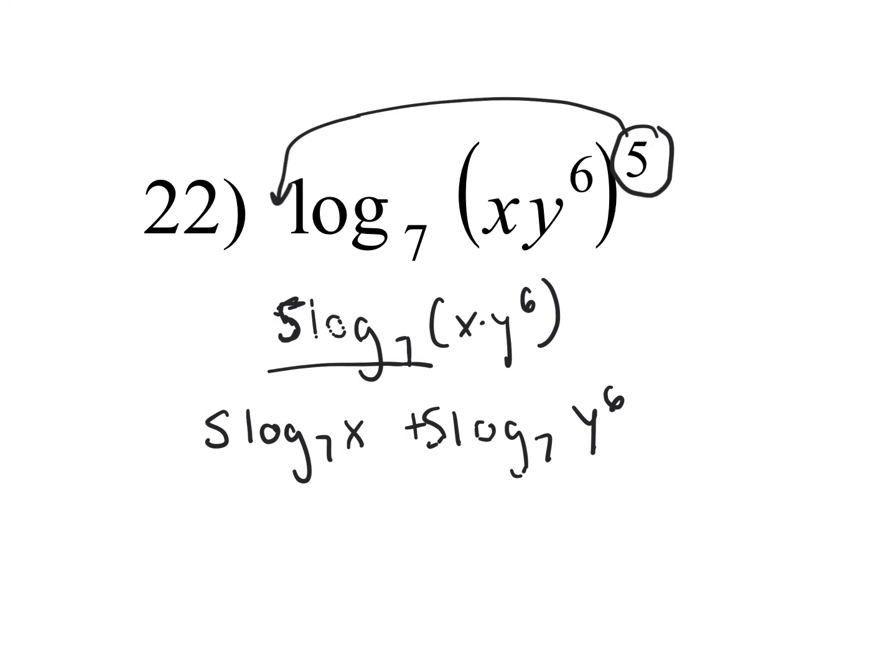And then one more step, we need to take this 6 and bring it to the front. What do you think we do if there's already a number there out front? What are we going to do to that 5 and the 6 that we're moving up front? What happens?